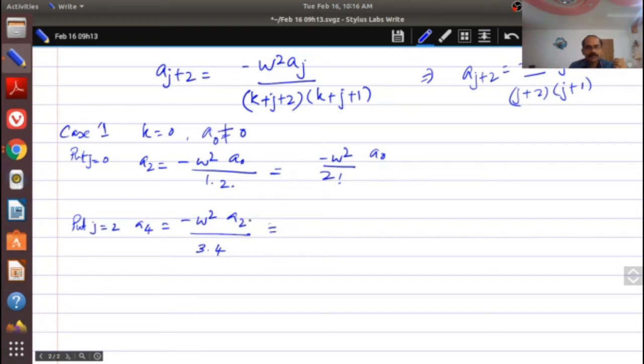So if you substitute directly, this will be omega raised to 4 a0. 2 factorial into 3 into 4 is simply 4 factorial and multiplied by a0. Minus and minus cancels. Omega square into omega square is omega raised to 4. a2 is replaced by this. So a0 is coming. 3 into 4 into 2 factorial is 4 factorial, not 3 factorial.